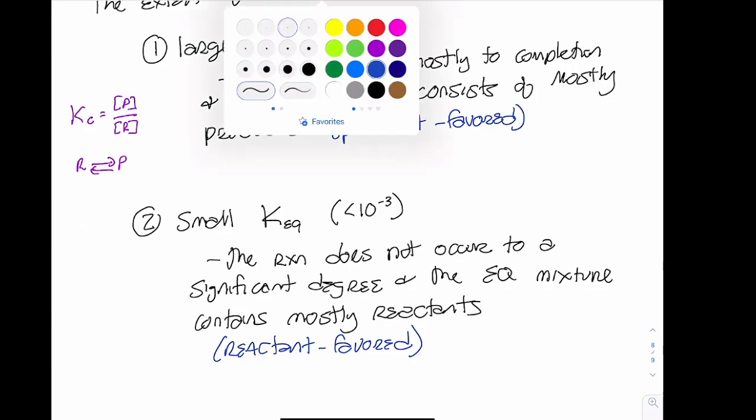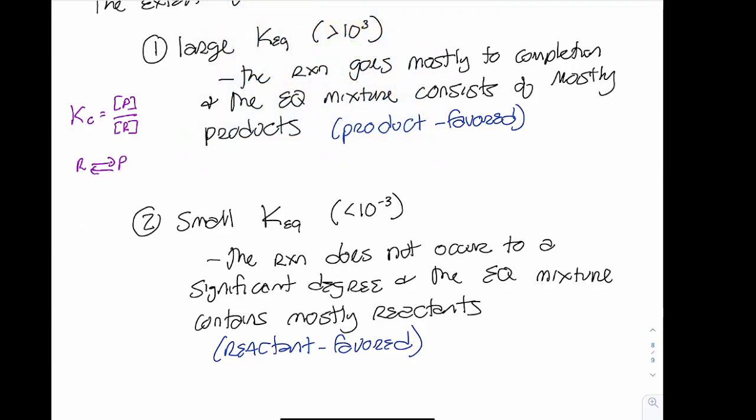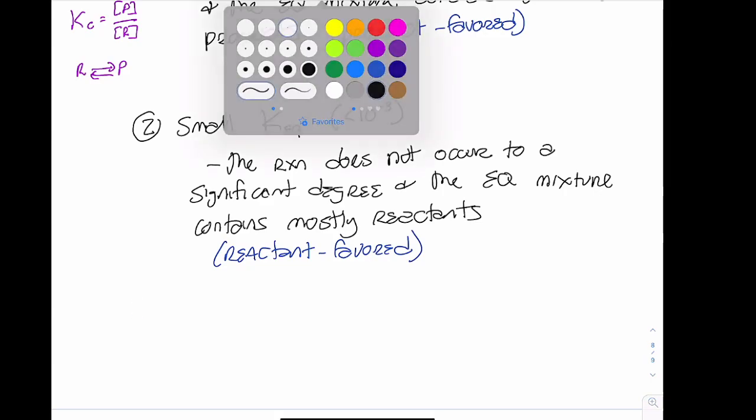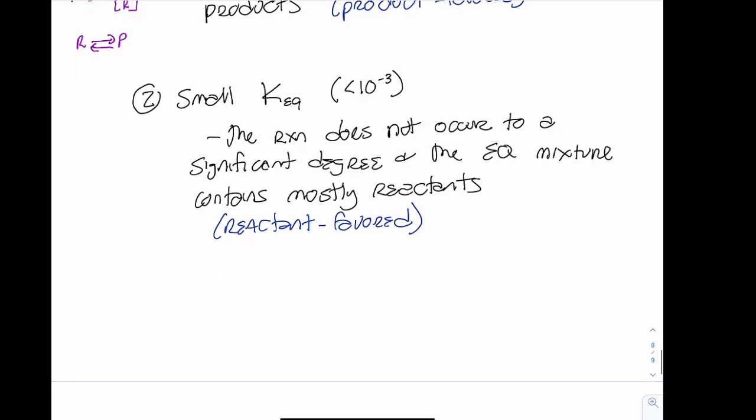And then our third scenario, it's kind of in the middle. So number 3. We could say an intermediate value for our equilibrium constant. So it's between 10 to the negative third and 10 to the positive third.